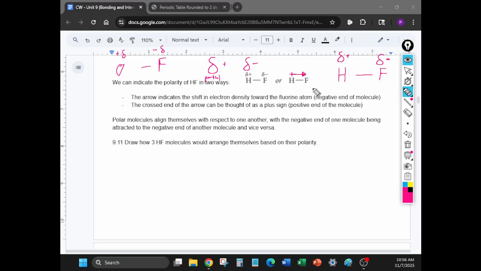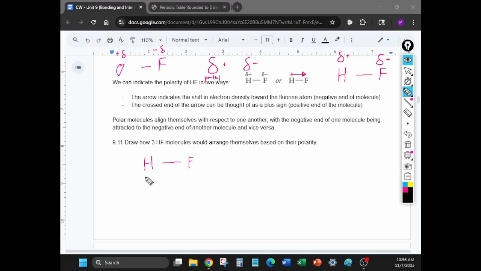And since we get a plus and minus sign, we get this polarity, and what happens is these molecules start to rearrange themselves based on the polarity that other molecules have. So let's do an example and see what that looks like. We're going to draw HF. Let's just draw one HF.